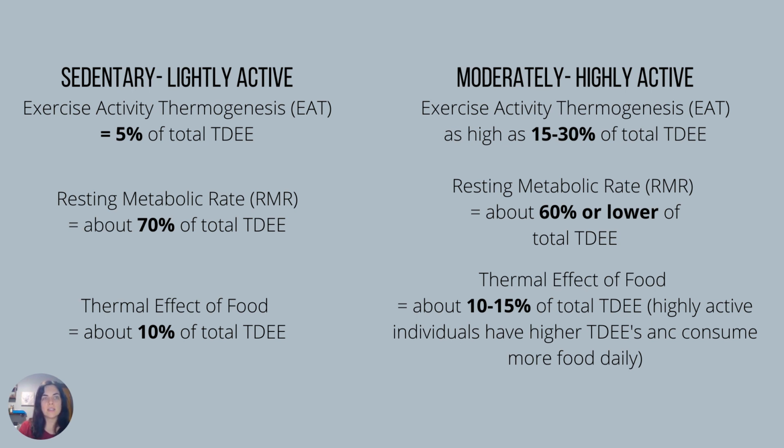When you are sedentary or lightly active, your resting metabolic rate is about 70% of your TDEE. But if you're moderately or highly active, it is about 60% or lower of your TDEE.